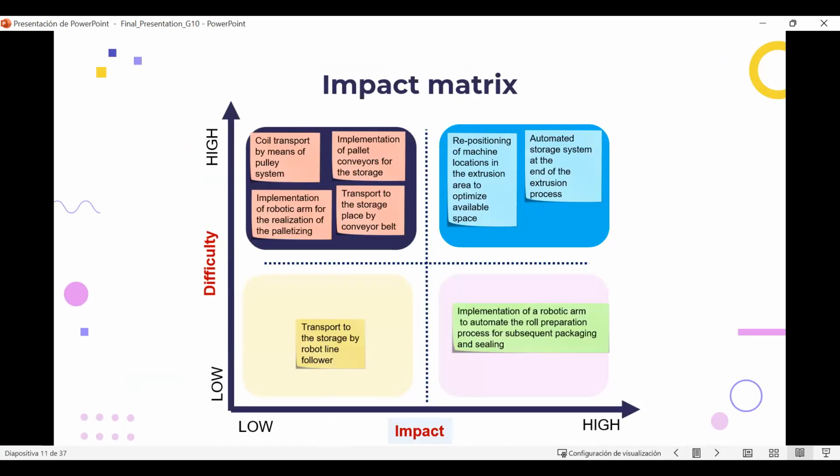To consider the impact of our ideas, we applied the impact-difficulty matrix tool, and basically the solution ideas that we take into account are the high-value ideas, meaning these have high impact.